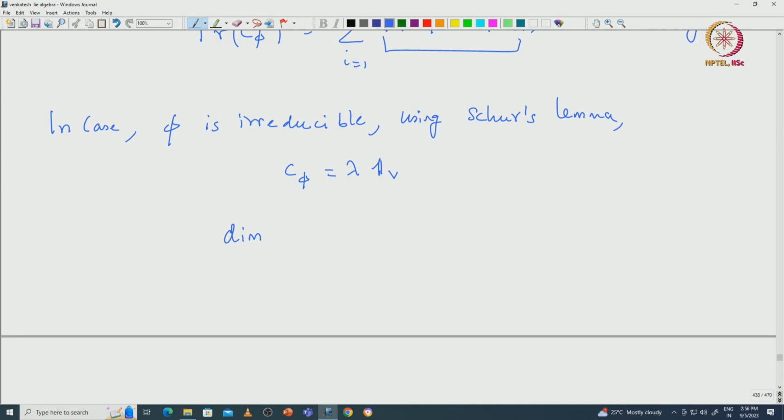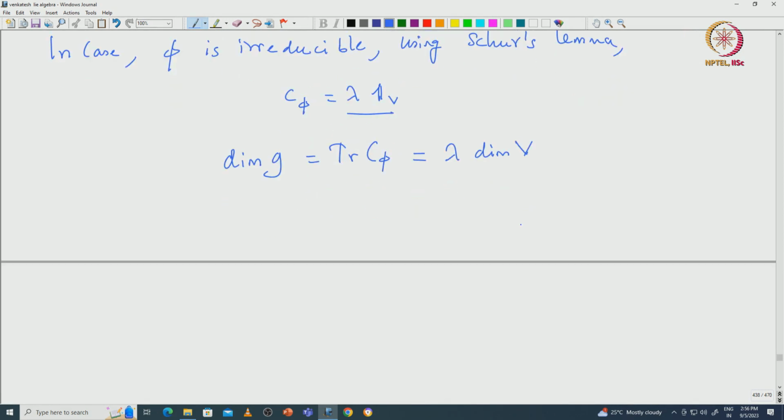The trace of C pi is nothing but the dimension of G. Because this is lambda times identity, it must also be lambda times the dimension of V. So that tells us this lambda, which we are looking to determine, is the quotient of dimension G divided by dimension V. So it is not just some complex number, it is actually a positive rational number.